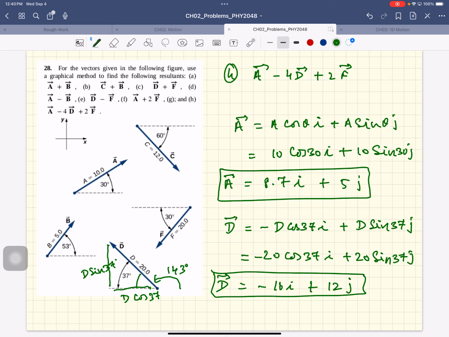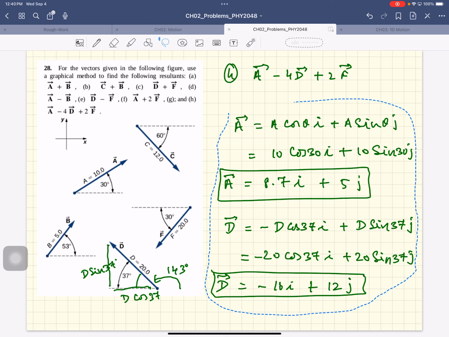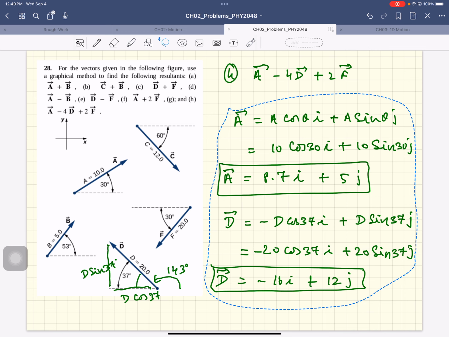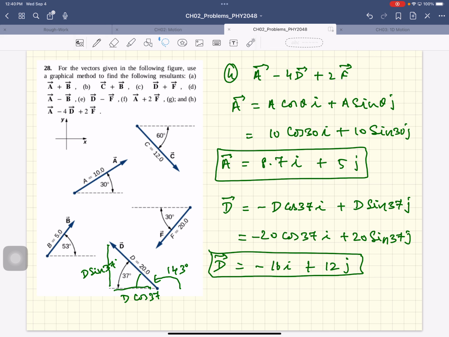Okay, so there's D. The last one we have to figure out is F. Again for F, we will do these two distances. That is F cosine 30, and that's F sine 30.